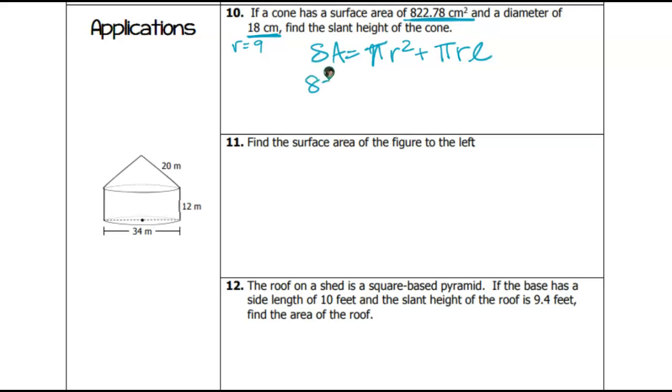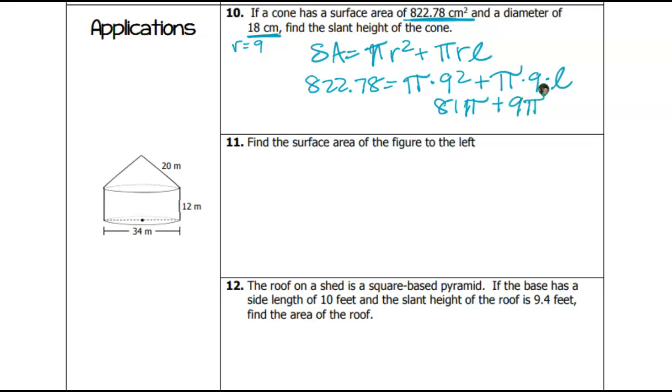So I have 822.78 equals pi 9 squared plus pi times 9 times L. Okay, so let's combine that together. I end up with 9 squared, which is 81 pi, plus 9 pi L, and that's equal to 822.78.